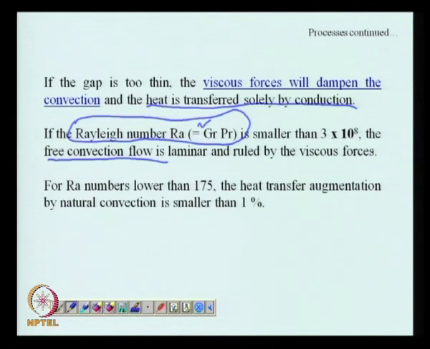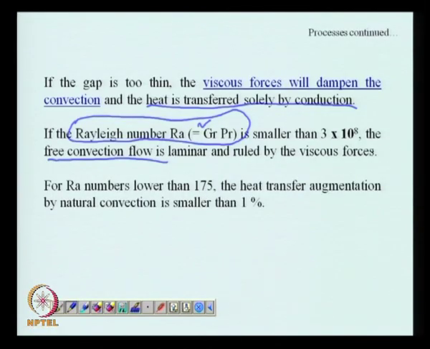So, this is obvious that in such a small device, due to the importance of viscous forces, the flow is going to be laminar. It is going to be entirely ruled by viscous forces, and in fact, the Rayleigh number is going to be about 200 or so, and if that is the case, then the heat transfer augmentation by natural convection is going to be smaller than 1% of the total heat transfer.